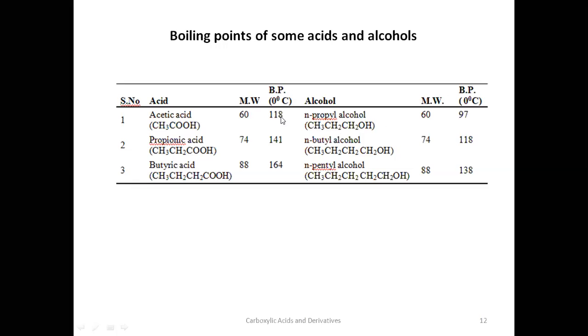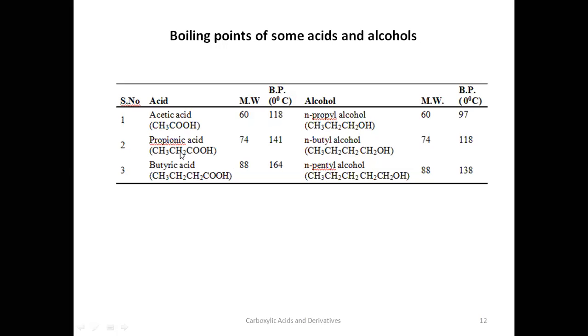Because of association, or because of two hydrogen bonds, it is difficult to separate these molecules. More energy is required to separate molecules of carboxylic acids, because there are two hydrogen bonds between two molecules, whereas in alcohols we see only one hydrogen bond. Therefore less energy is required compared to carboxylic acid to separate them or to boil off.